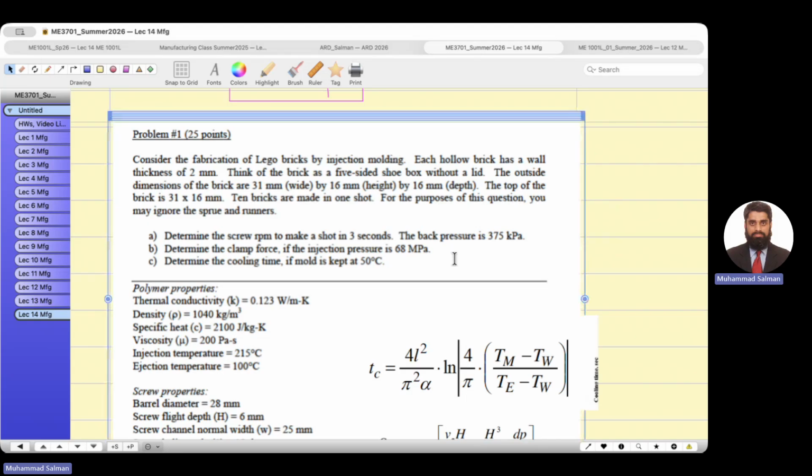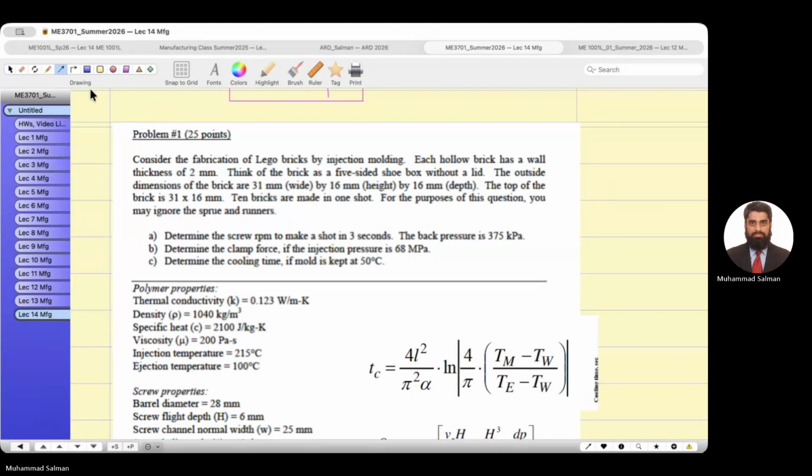Bricks by injection molding. Each hollow brick has a wall thickness of 2 millimeter. So it's a hollow brick, and think of a brick as a five-sided shoebox without a lid.